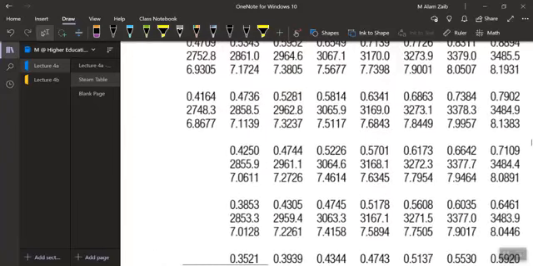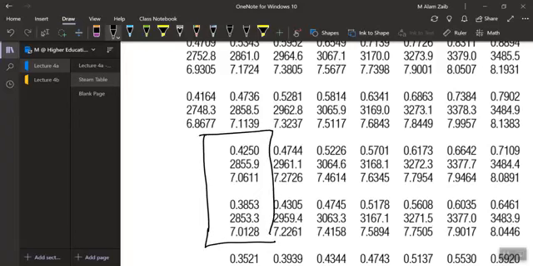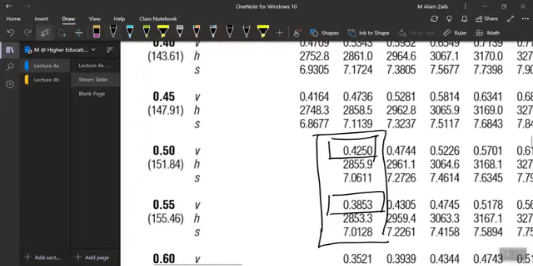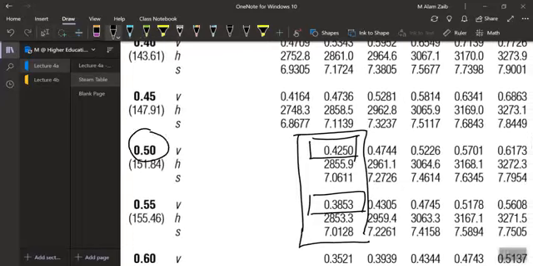So you can check at 200 degrees centigrade, we have got the condition in which the volume is 0.4250, and the condition in which the volume is 0.3853, corresponding to the pressure of 0.5 megapascal and the pressure of 0.55.